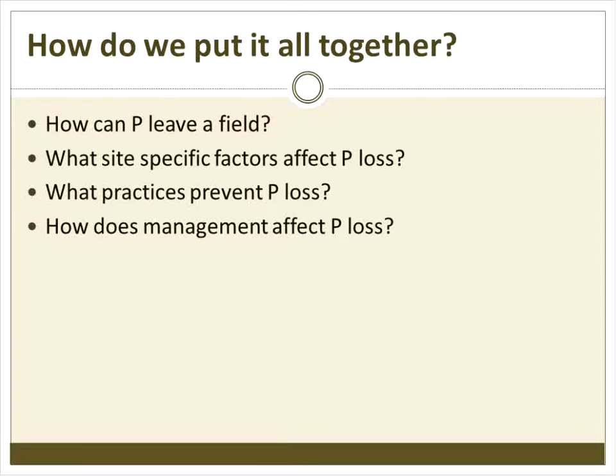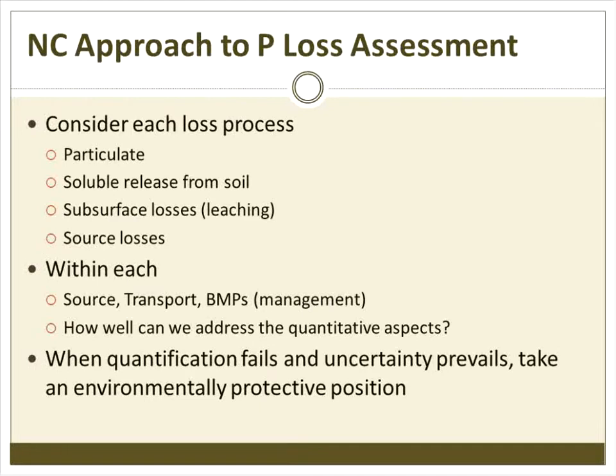If you flip back to the National Phosphorus Index that was developed, you'll see that there are no conservation practices really to prevent phosphorus losses, or even different kinds of management that you might use to affect phosphorus loss. And so we wanted to develop an index that was more robust.